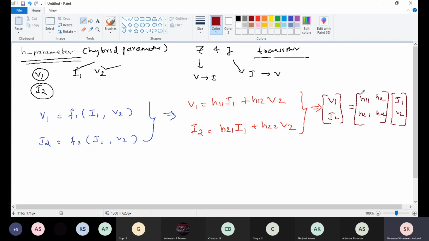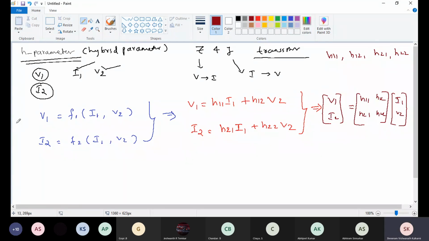These are my hybrid parameters: H11, H12, H21 and H22. The main thing is that we need to calculate the parameters of the transistor, where the parameters are H11, H12, H21, H22.